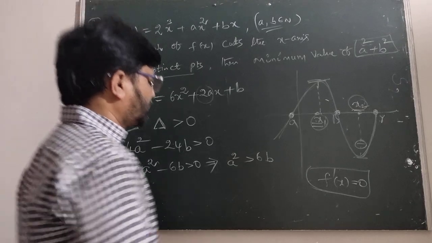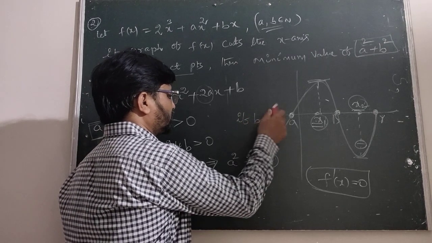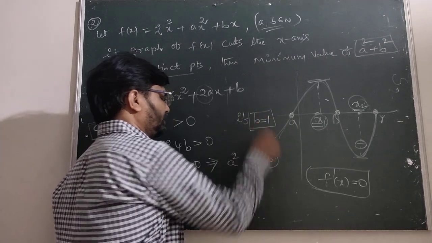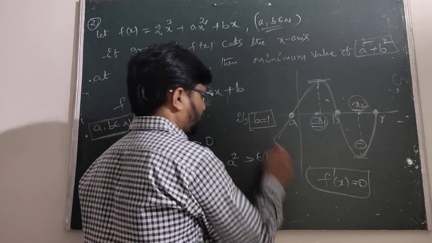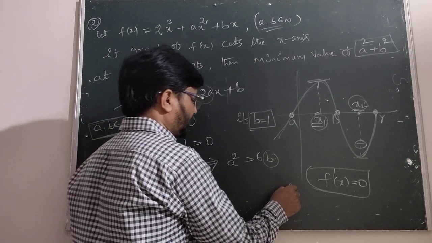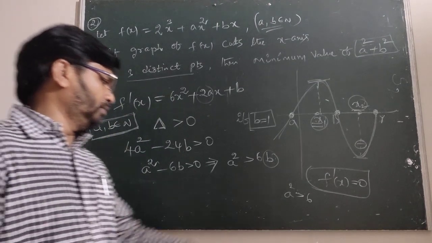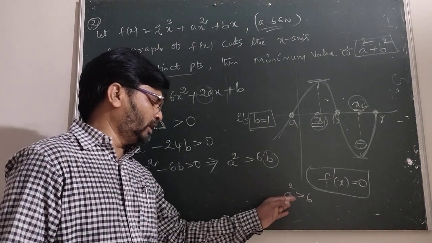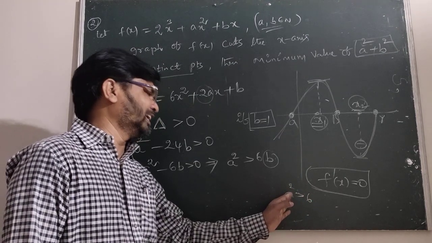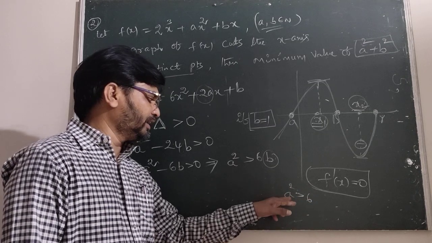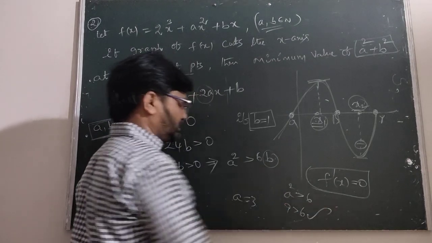So suppose we take b equal to 1, then a square must be greater than 6. If you take a equal to 1, it is not greater than 6. If you take 2, 4 is not greater than 6. If you take a equal to 3, then 9 is greater than 6.